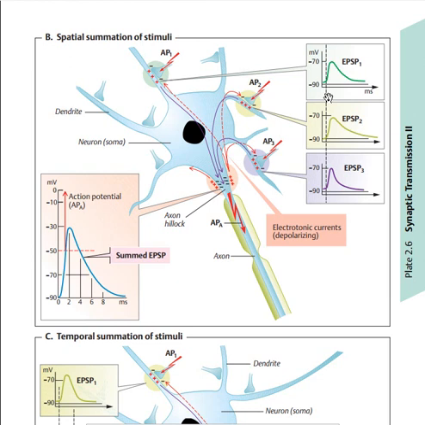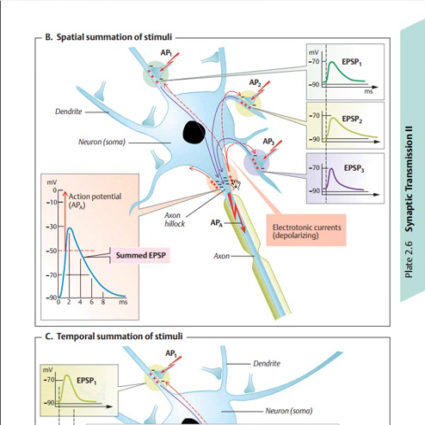So what is going to occur is that in spatial summation, you have the EPSP1, the excitation potential of the first cell, going to add up with the excitation potential of the next cell, which is going to add up with the excitation potential of the next cell, and all of them are going to produce a new potential of negative 30 millivolts, and negative 30 millivolts is higher than negative 50 millivolts, which is the minimal voltage required to produce an action potential at the axon hillock.